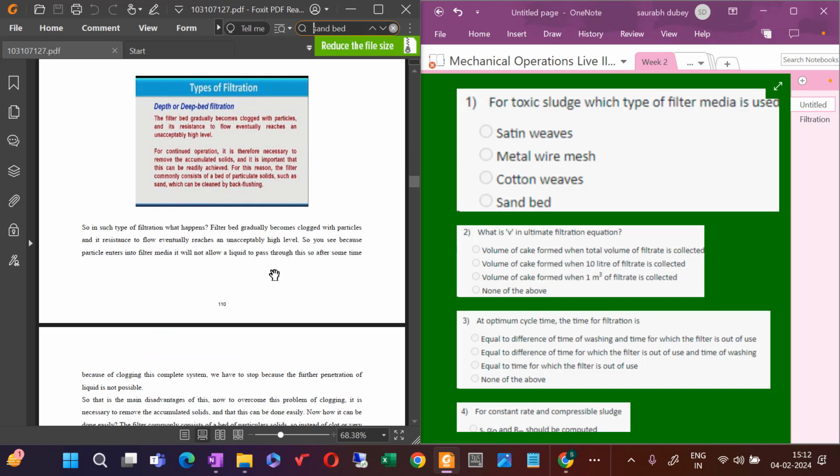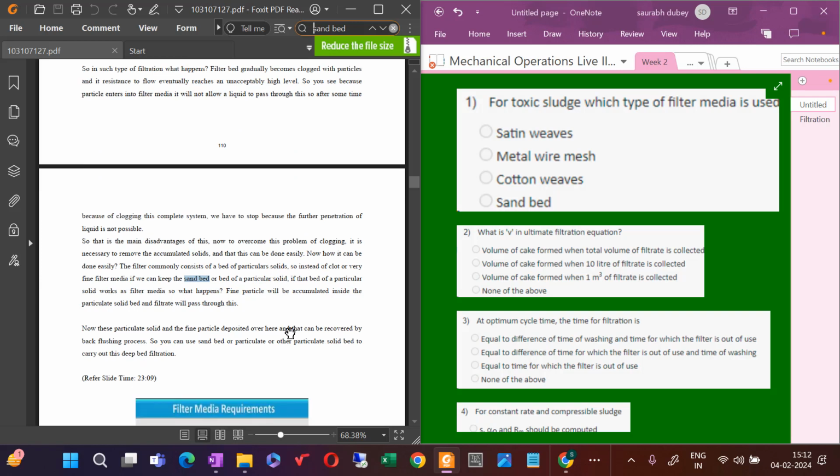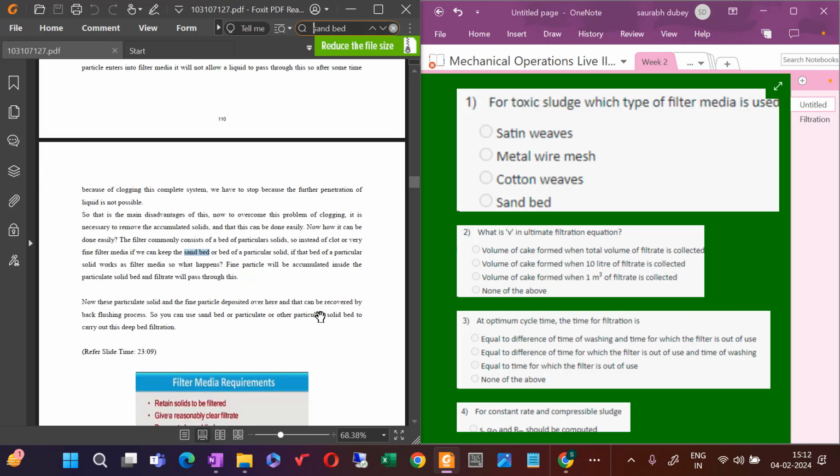Cotton weaves are nothing but cotton-created porous structures, and then there are metal weaves, satin weaves, and sand beds. These are some different types of filters that will be installed inside.